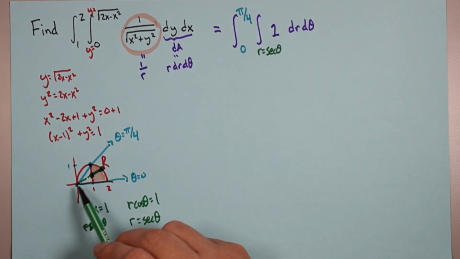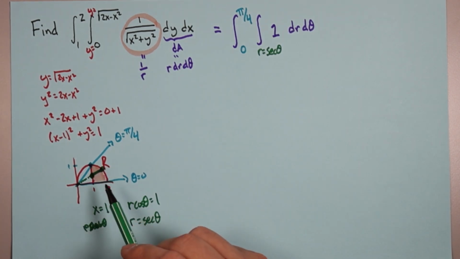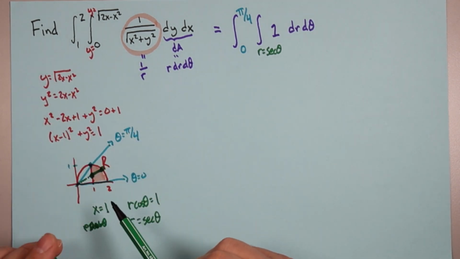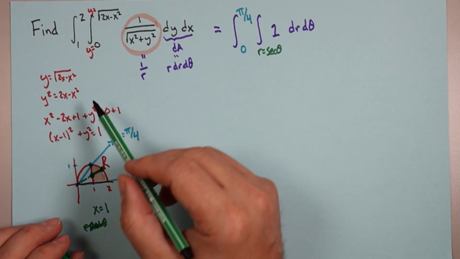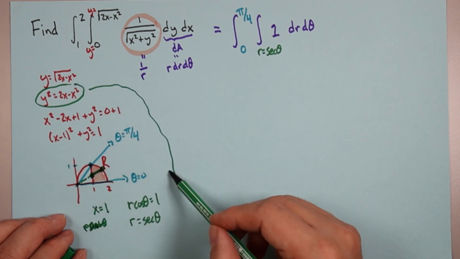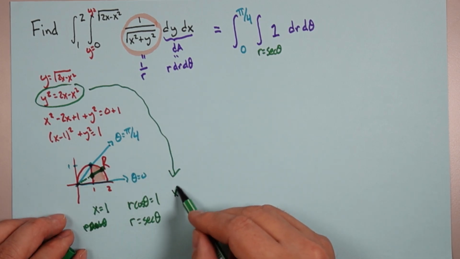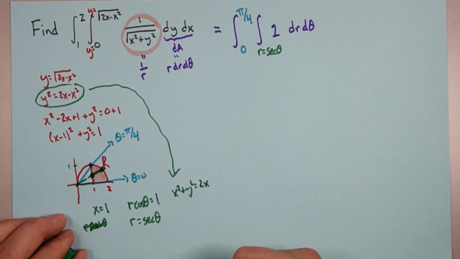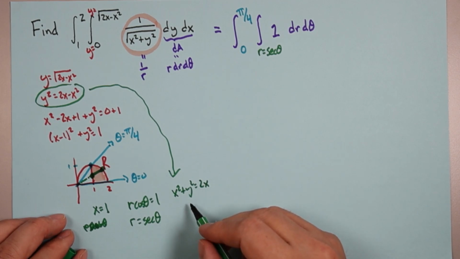What about this furthest bound out? Well, that's this curve, y equals square root of 2x minus x squared. Now, we can play with it, but I'm going to start over here. This becomes x squared plus y squared equals 2x. What does x squared plus y squared become? r squared.